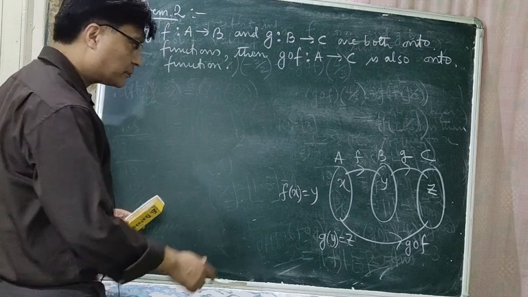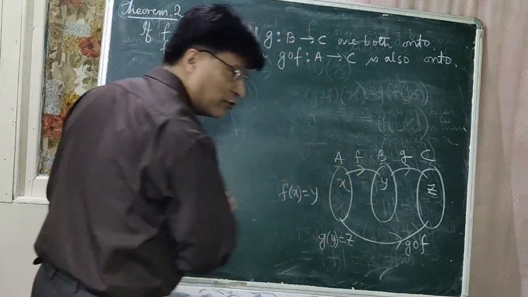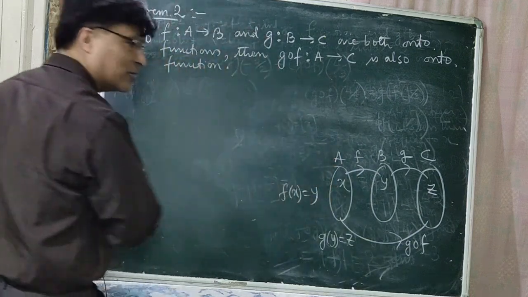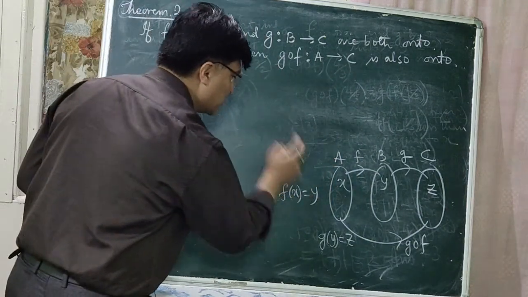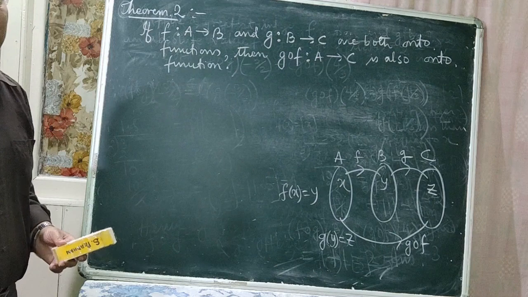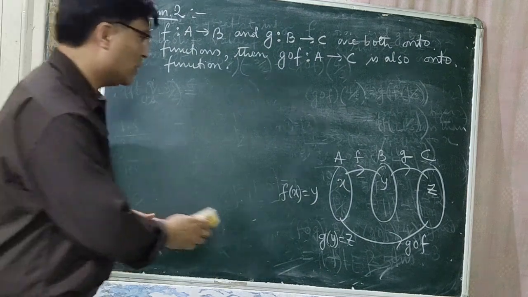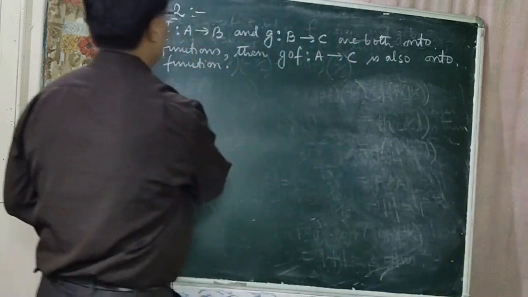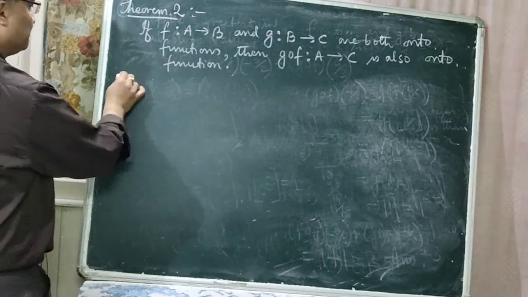Next, since f is an onto function and y belongs to the set B, there exists x belongs to the set A such that f of x is equal to y. So this is the definition of onto function. Okay, so let us prove it now. Proof.